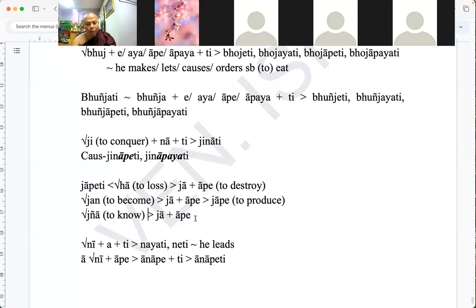Now we have the jabe, but that jabe is to let somebody know. Let me explain, or something like that. To explain, Jabedi in this way. But in the sense of to conquer, we could not find.